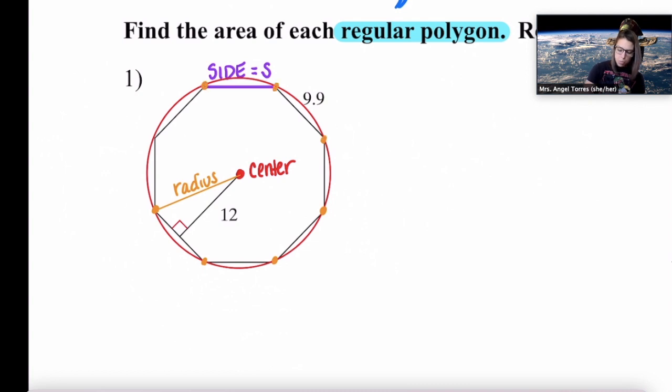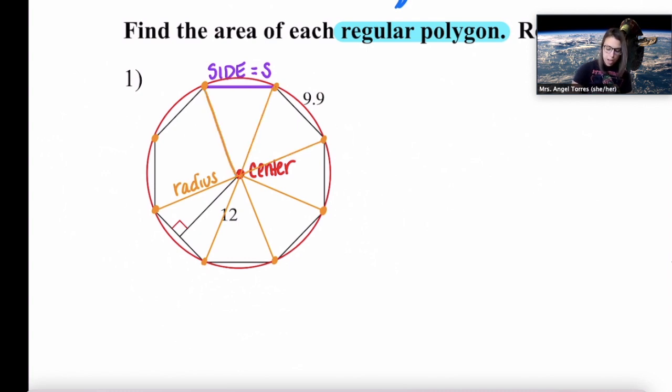Every single one of these points on the octagon, every vertex between each side, is equidistant from the center. So I could show there's a radius there, here's another radius here, another radius here, and so on around the entire octagon.